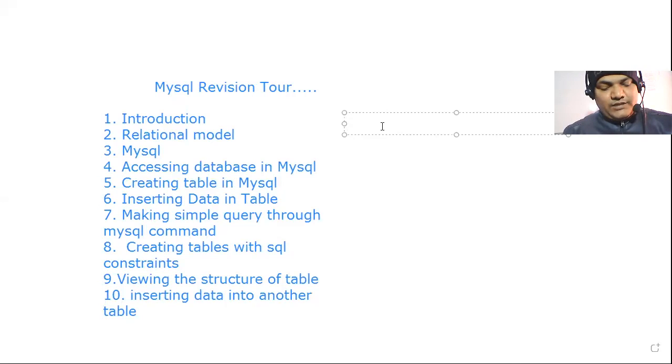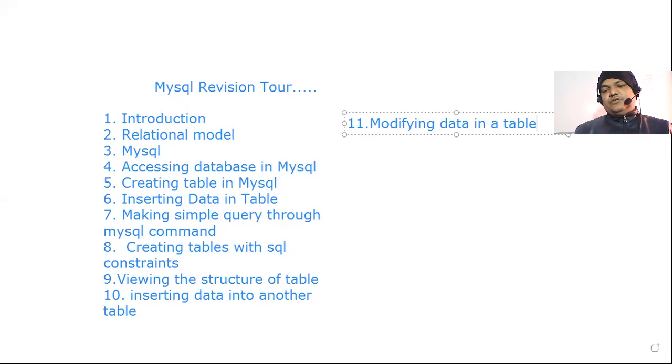Okay, modifying, how much have we done? 10, right? This is 11. Now modifying data. There are some commands that allow us to modify. Suppose roll number 1 is Abhishek and I have by mistake written Abhisheka, adding an a at the end, and the student is saying that this is the wrong name, my name is Abhishek only.